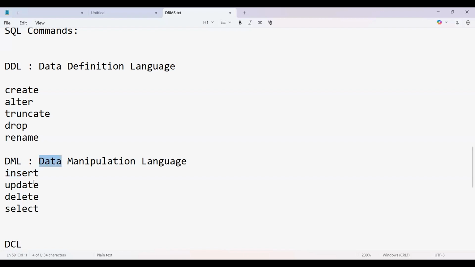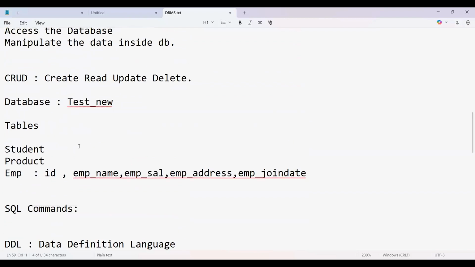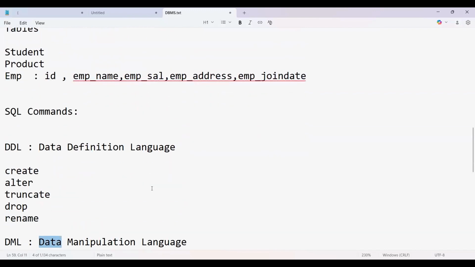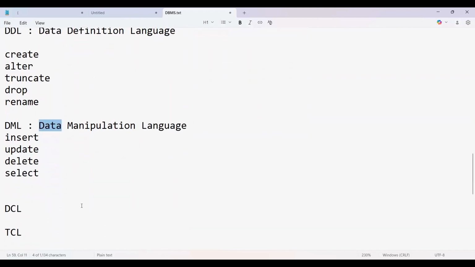So with the employee ID, employee name, employee designation data, if you want to update the address or salary of the employee, you can use the update command. Update will change the existing value in the table to the new value.